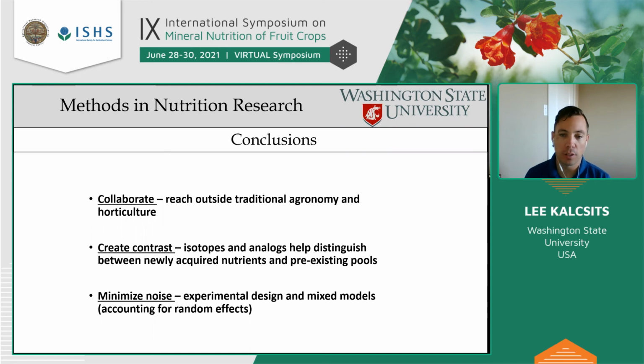They work with engineering groups, they work with medical research, and they are also working with a growing community of plant scientists. When doing nutrient research, it's important to create contrast in your experiments, and isotopes and analogs help distinguish and create contrast between newly acquired nutrients and the large pre-existing pools that exist in perennial fruit crops.